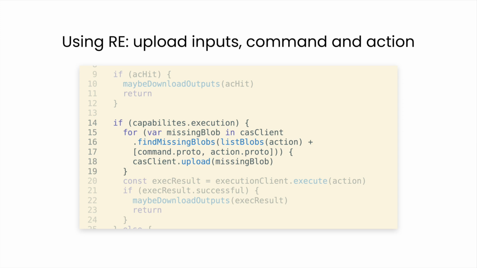Think about Make and Ninja. They don't necessarily enforce this invariant, and so you may end up trying to run an action with remote execution without all its inputs, and in that case, it will fail. Or even worse, you may check the action cache without all the inputs, and may end up getting wrong action hits, right? Cache hits. So in some cases, these invariants are really hard to enforce.